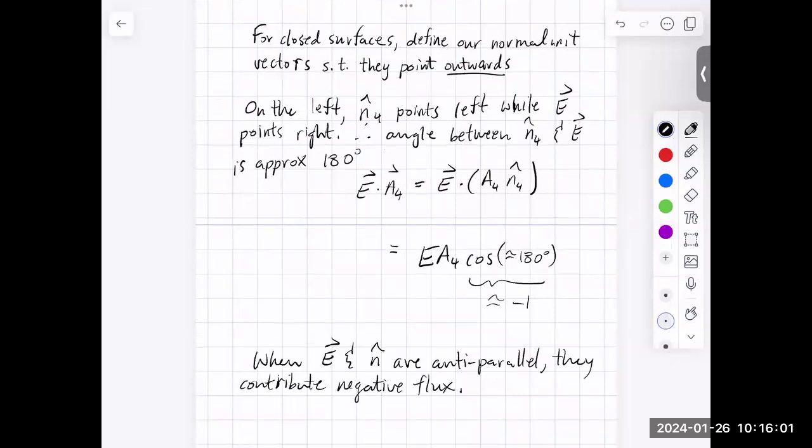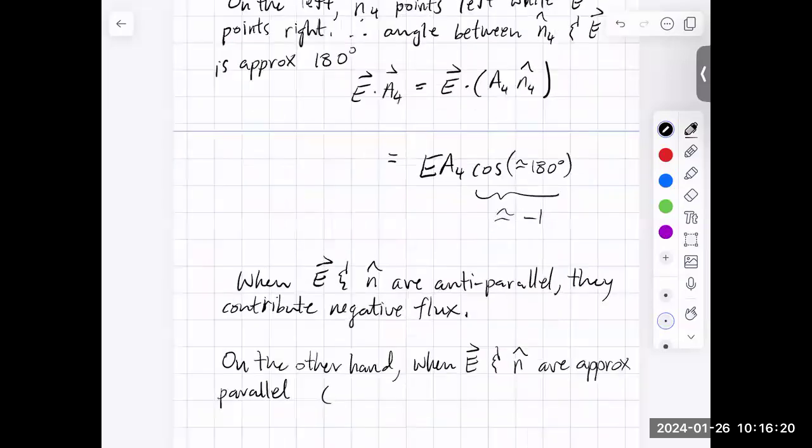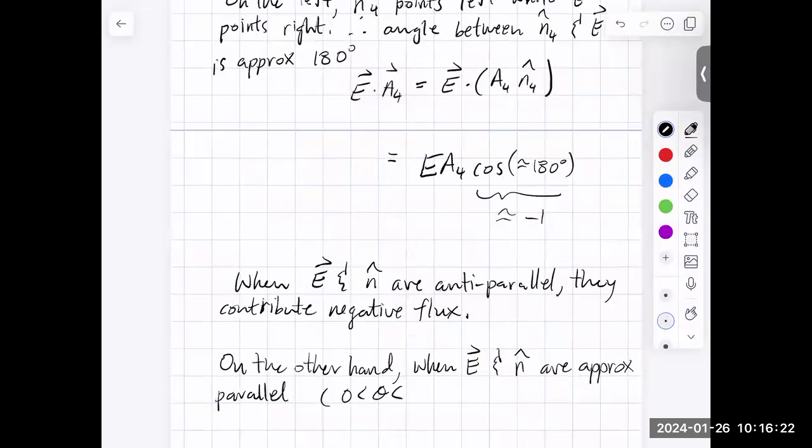On the other hand, when the electric field and the normal vectors are approximately parallel, and so that means the angles we're thinking about are between 0 and 90 degrees, then we're going to get positive contributions to the flux.